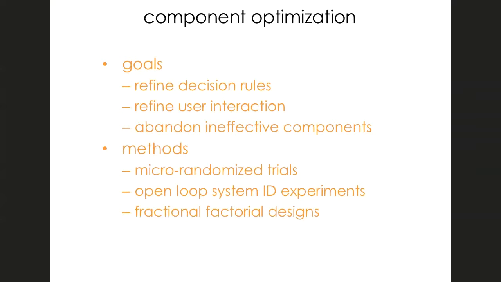It's only then, when you have a set of components that you think are promising, that you go into the optimization phase and try to refine those components, and refine the decision rules on which they run. There are a number of methodological experimental designs that can be used for that, which Billy will be talking about in her talk.